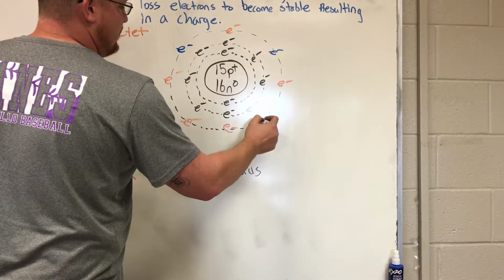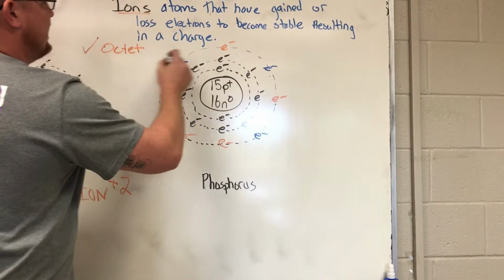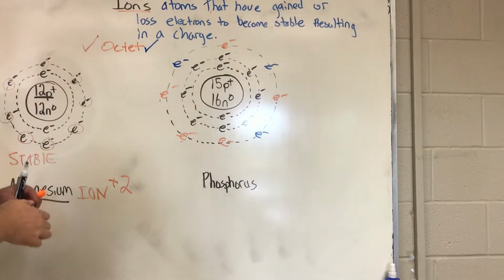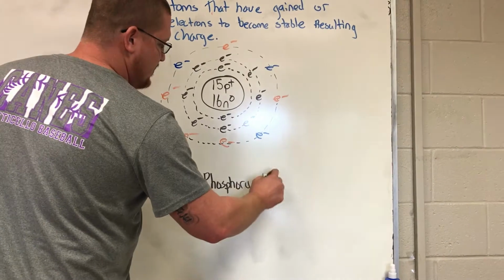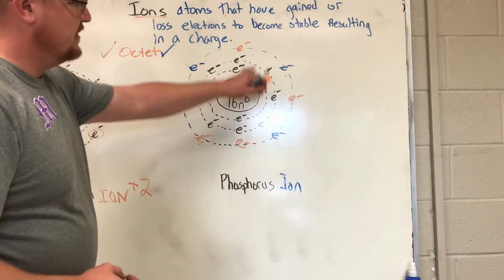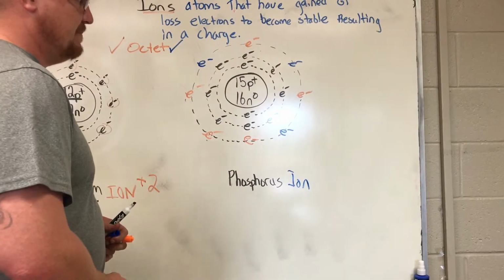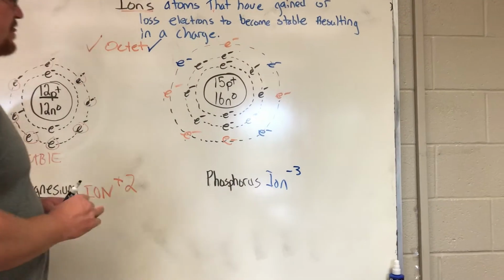Now it has 8 valence electrons. Its octet is stable. It is now an ion. And if you get more negative things in your life, like phosphorus did here, it got 3 more negative things that happened to it. So now it has a charge of -3.